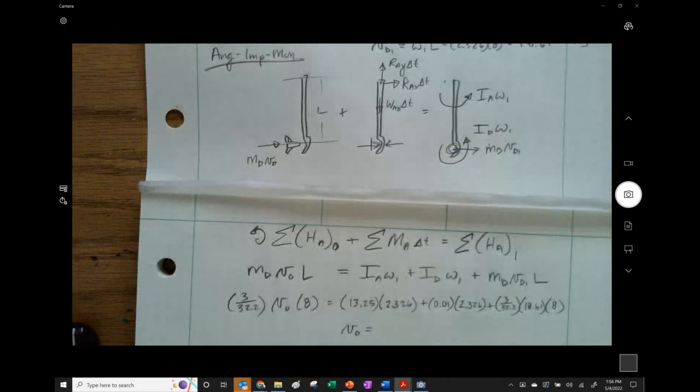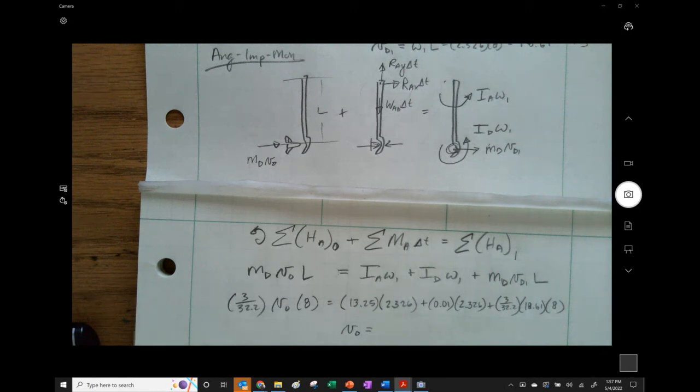A lot of numbers and numbers and numbers. I'll start with this guy here. Go 8 times that times 3 divided by 32.2. Okay. And I'll take 2.326, plus 0.01 times that, we just add them together, and then 13.25.